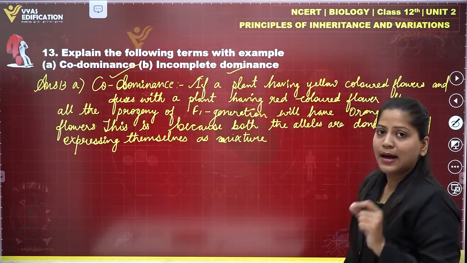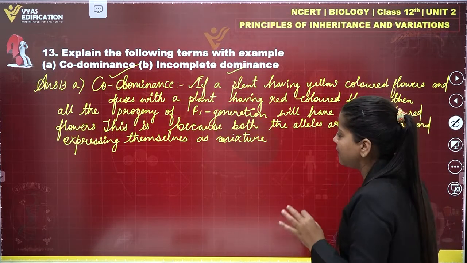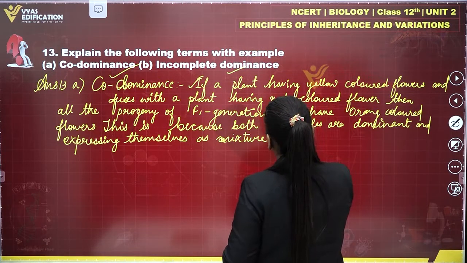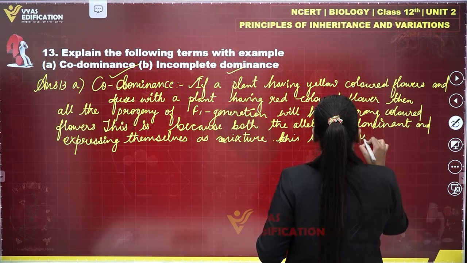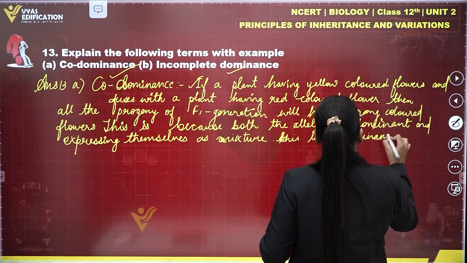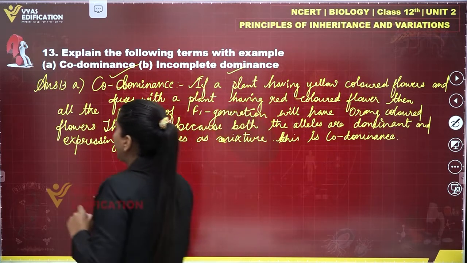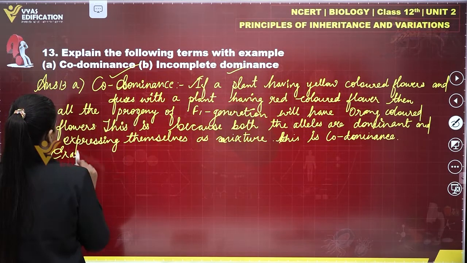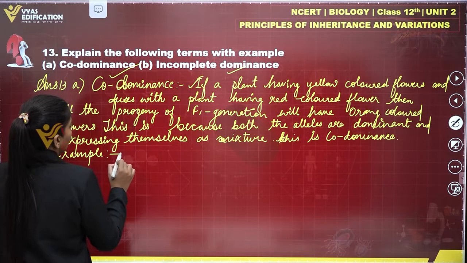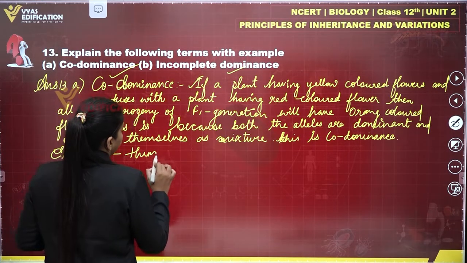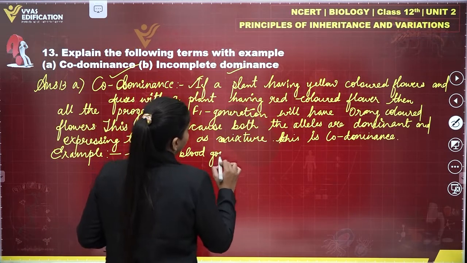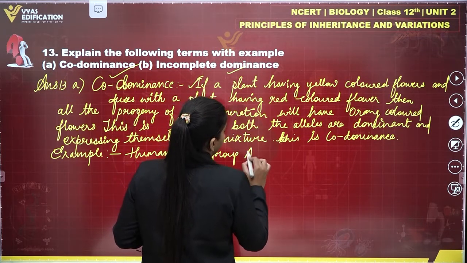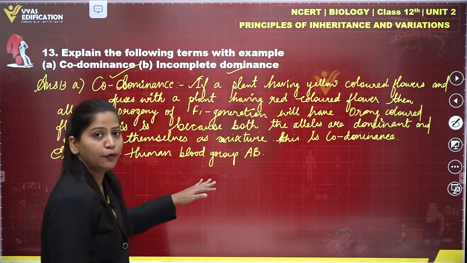So this is codominance. If we talk about the example, the example of codominance is the human blood group AB. Human blood group AB is the example of codominance.